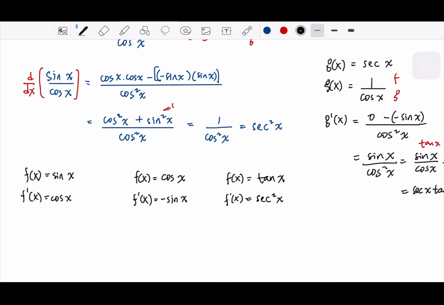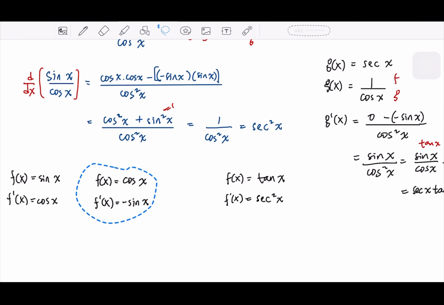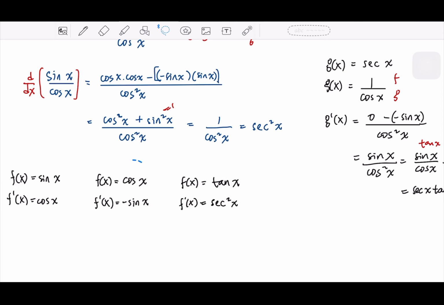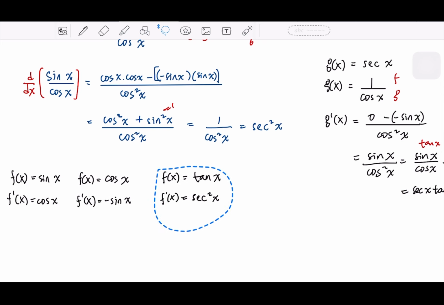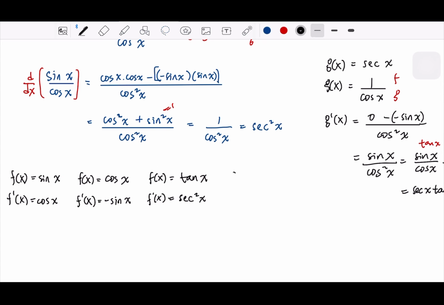Okay, so let me write and rearrange this part. So if you have secant x, you could also do a similar structure with the cosecant and the cotangent also.